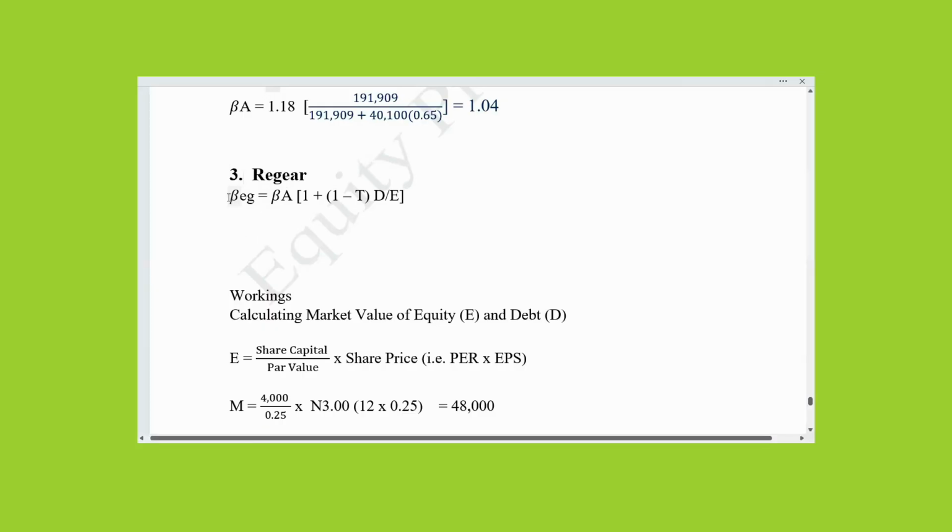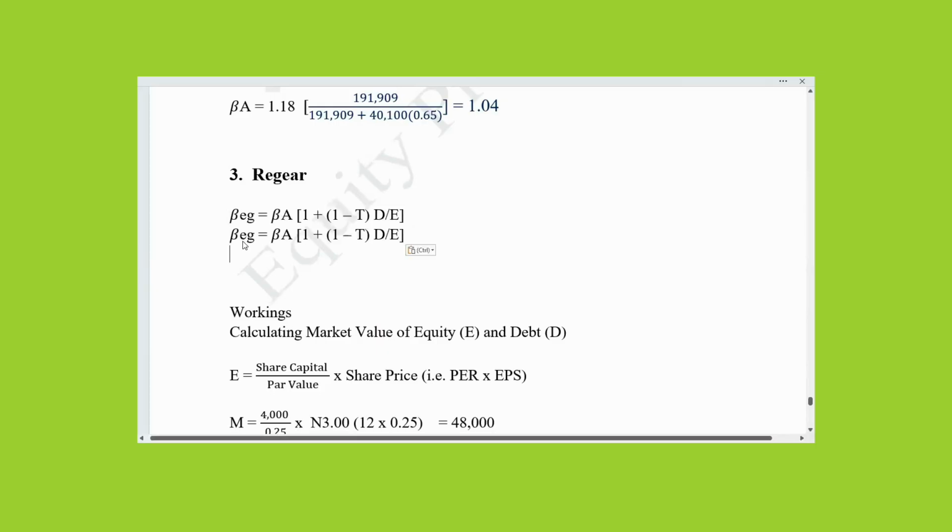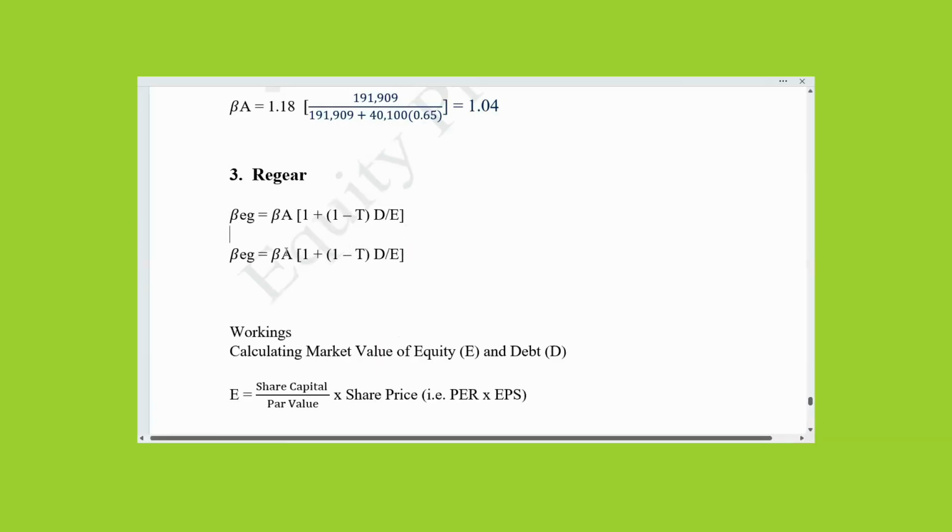All right, then how do you calculate? I'll go back to the question. What is my beta assets? We have calculated beta assets to be equal to 1.04. Then multiply by 1 plus (1 minus tax).